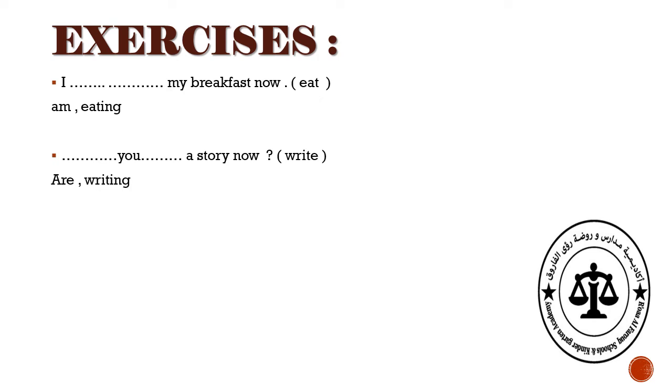Be careful, okay? Number 3, be quiet. She blank her homework now. She is a singular pronoun, so we use is, then the verb ing. Be quiet. She is doing her homework now.